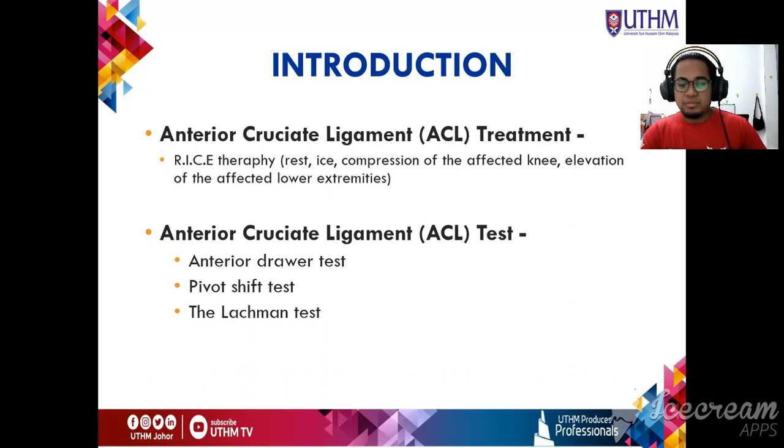Second is the pivot shift test. It is carried out when the patient is supine, beginning with the knee in extension and the hip in flexion to 20 to 30 degrees. The doctor will grasp the patient's lower leg. The clinician will then use one hand to rotate the tibia into internal rotation and the other hand to apply valgus stress to the knee.